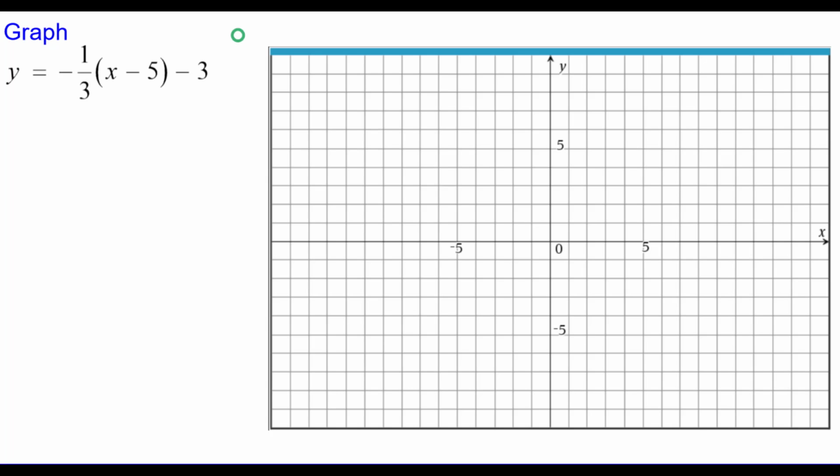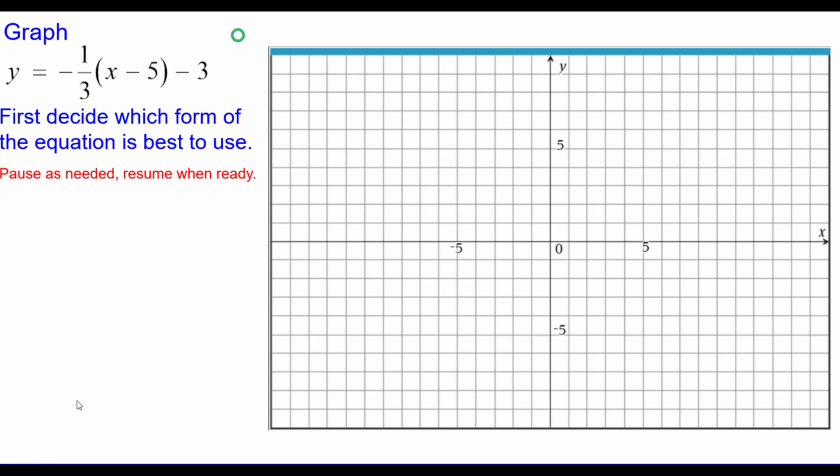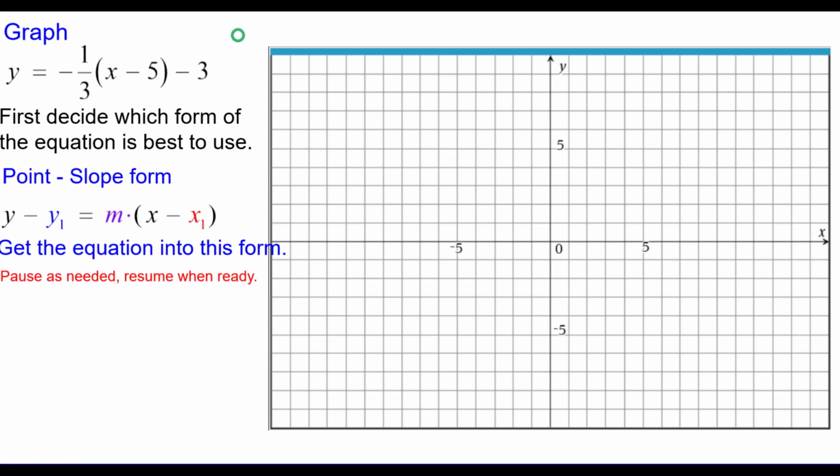Second one, graph y equals negative 1/3 times the quantity x minus 5 minus 3. First, decide which form of the equation is best to use. Pause as needed. Resume when you're ready. We decided that point slope form is the best form here. So we need to get this equation into this form.